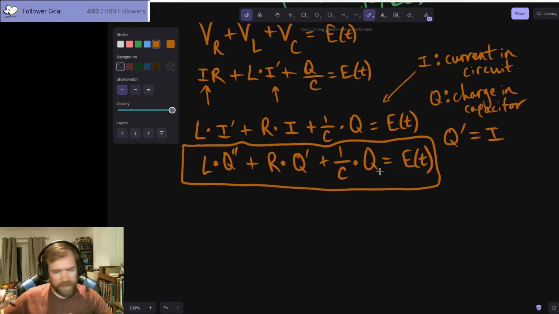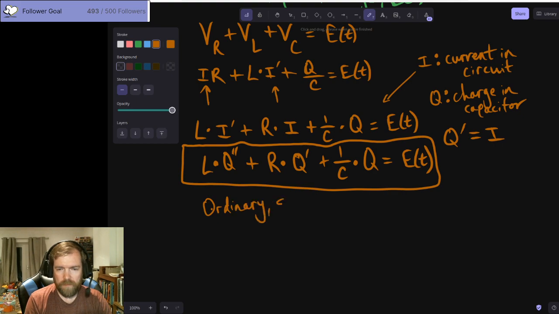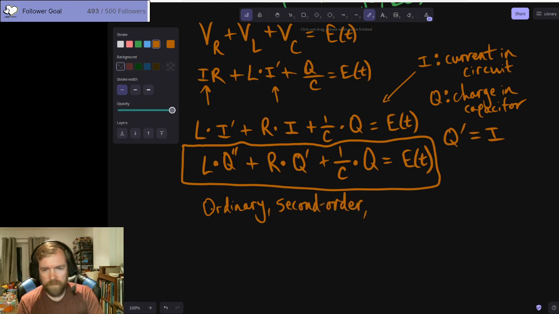Do you want to classify any of the rest of it? So it's second order. Ordinary. It's non-homogeneous because as long as E of t has a forcing like sinusoid. If E of t is 0, then it's homogeneous.